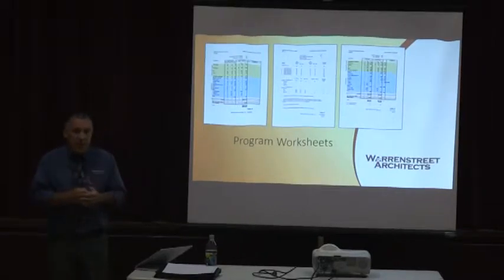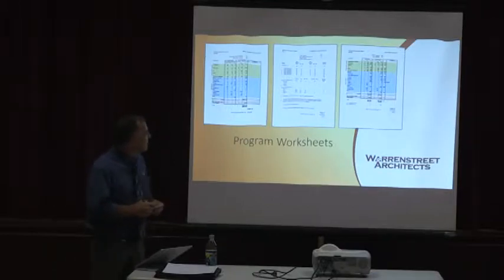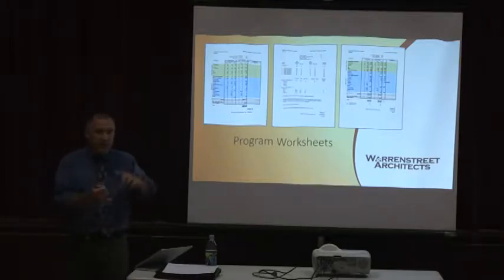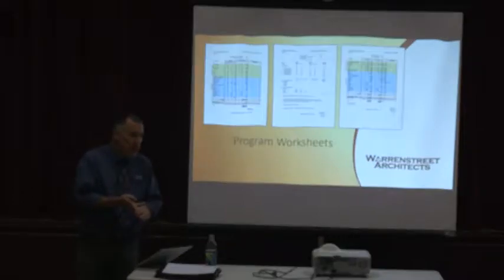So once that is accomplished, what it results in is a table up here, this one at the end, and basically it's a space needs worksheet, which tells us how many classrooms and how big they are. What size the gym, what size the cafeteria, what size the library needs to be.